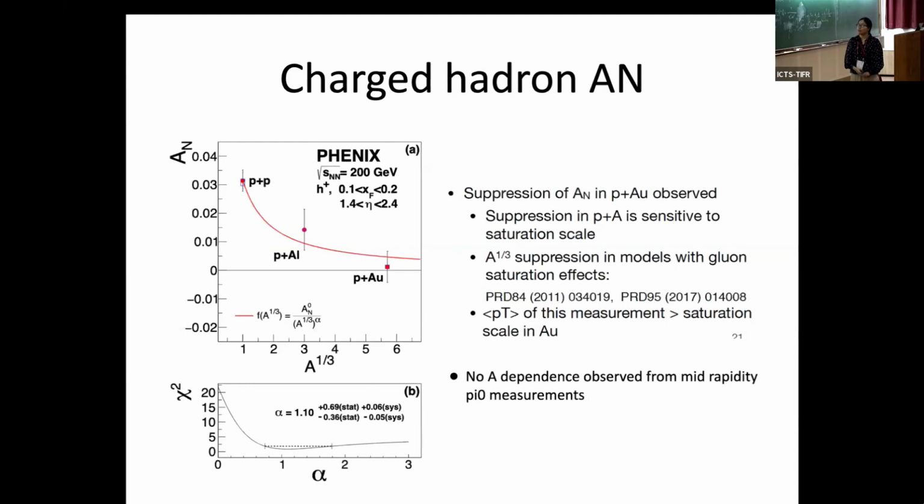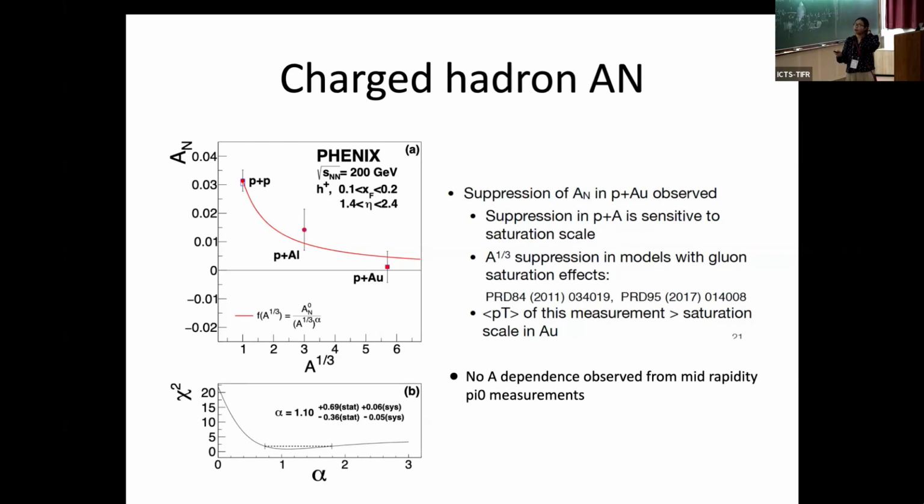So this was quite interesting, and there was in fact some discussion and prediction from theoretical colleagues that for the nuclear environment in PA collision, there could be some suppression of the asymmetry because of this saturation effect, an A^(1/3) type of suppression.